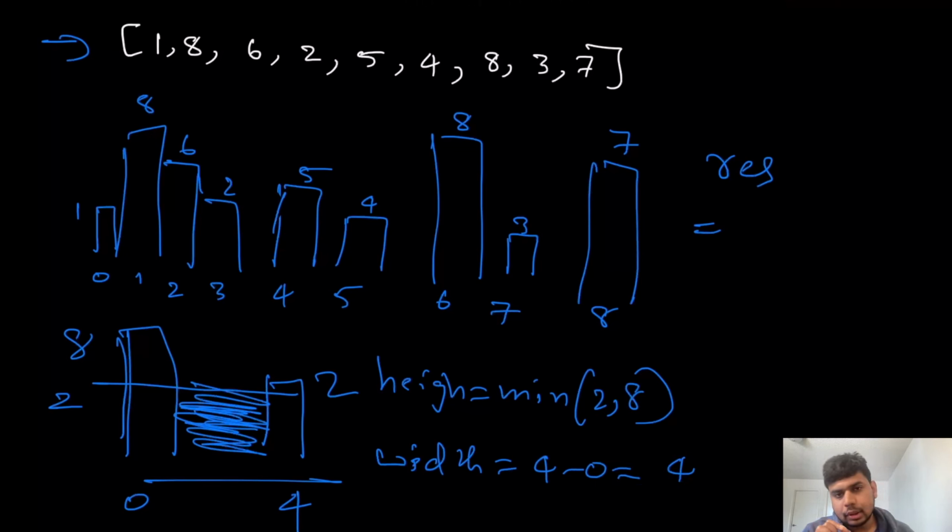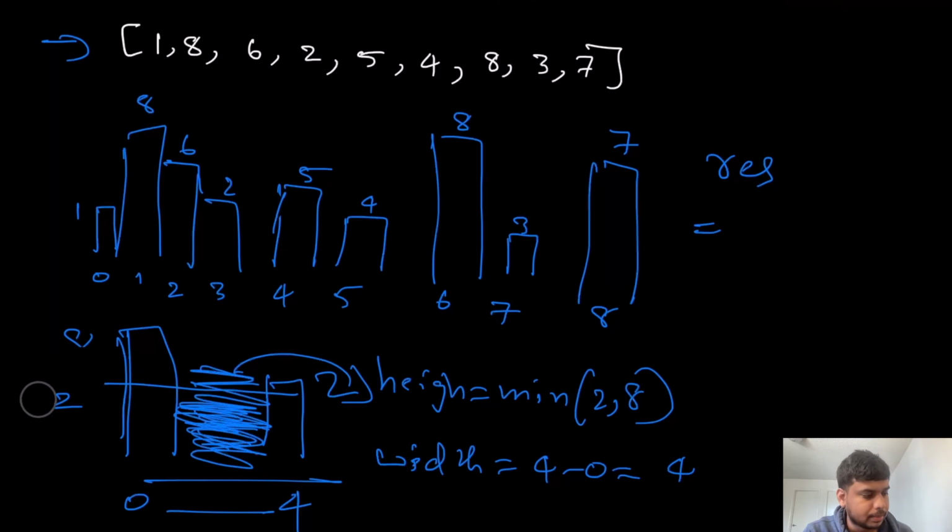So this is one of the most basic things you need to understand to solve this question. The height of the container will be the minimum, because as you can see, only this much water can be stored. If you fill more water, it will spill over. So height of the container will be the minimum of 2 and 8. Width will be the difference between indices.